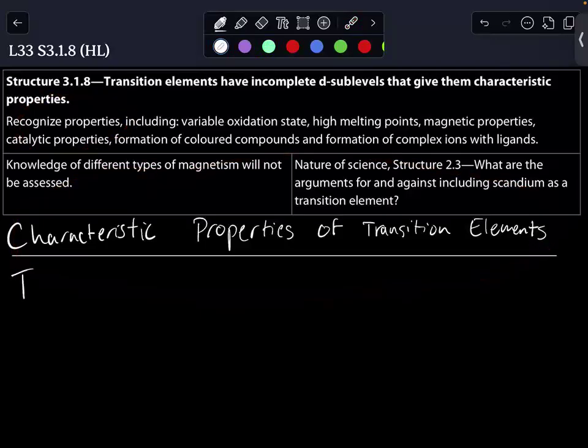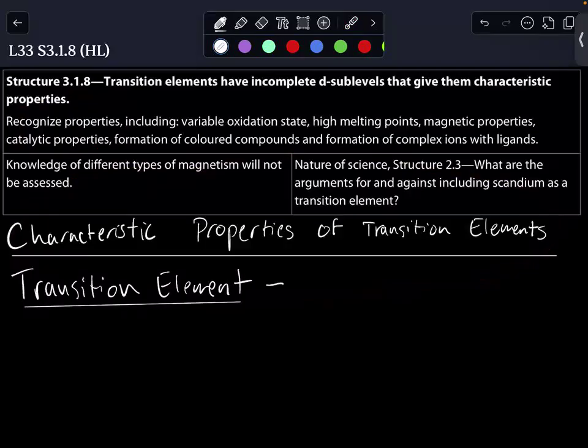So starting with what is a transition element? Now, we know we talk about the middle section of the periodic table as the transition metals, but a couple things go along with that. So we know it's group 3 through 12 of our periodic table.